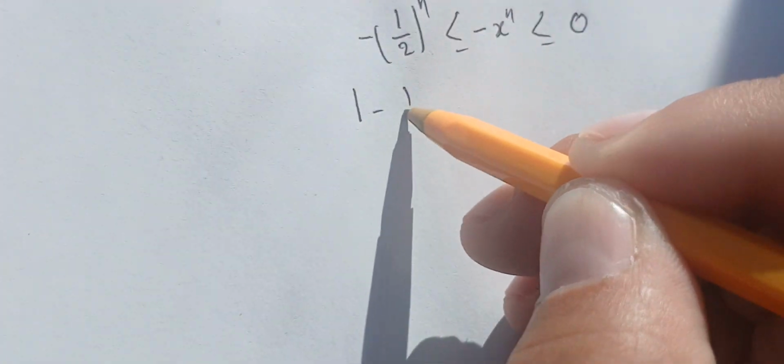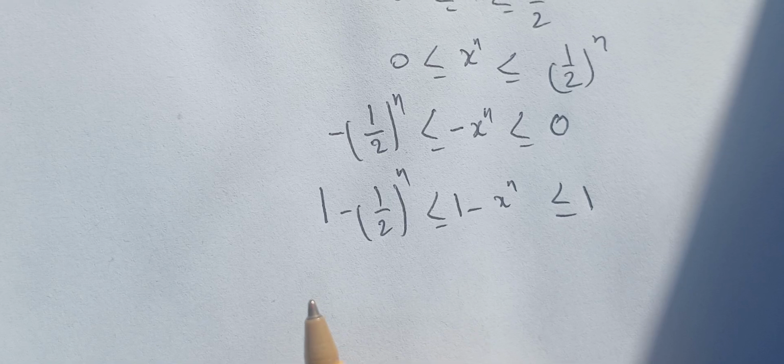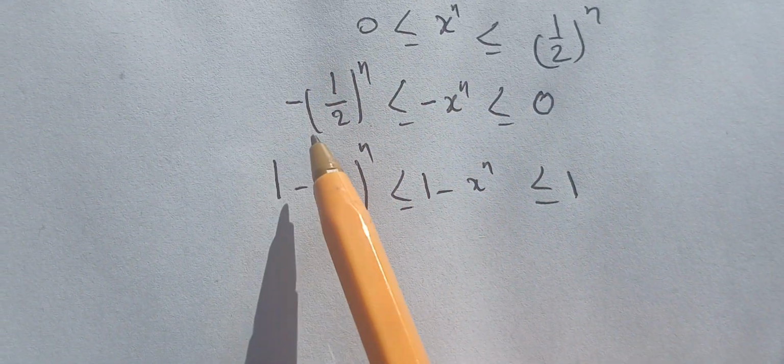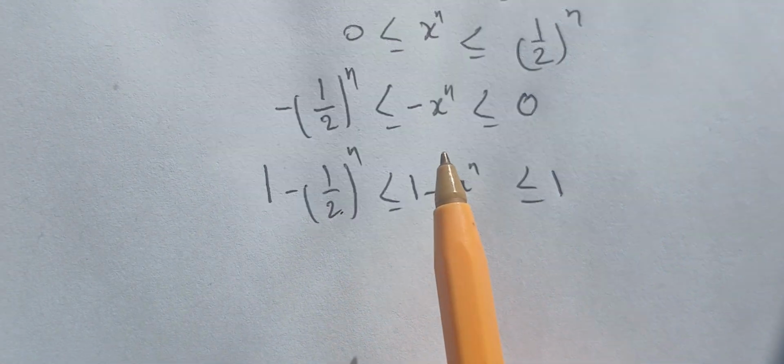So when we multiply by -1, this value will be between -1 to the power n and 0. Next we add 1, and nothing is going to change again, and we're going to have 1 minus x to the power n between 1 minus 1/2 to the power n and 1.